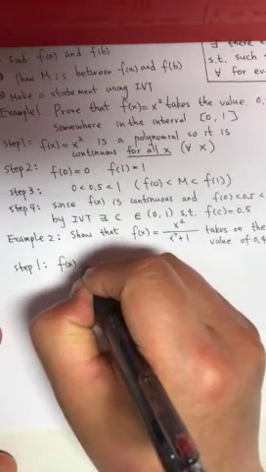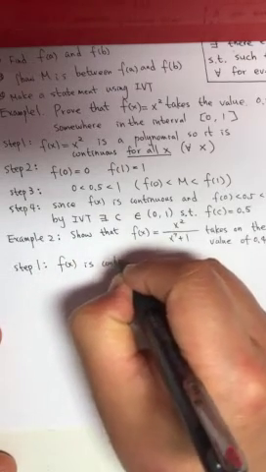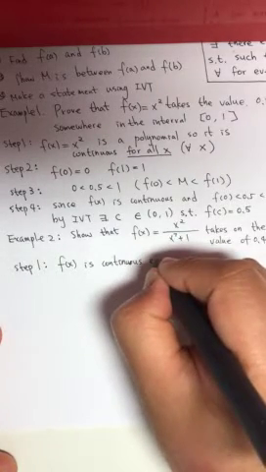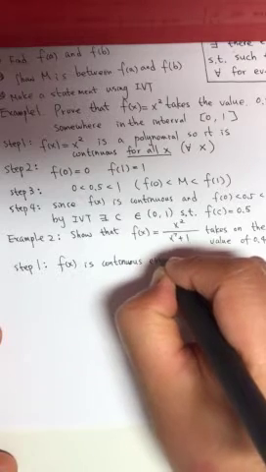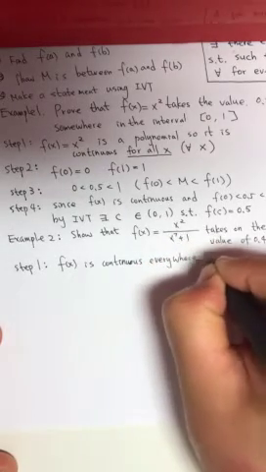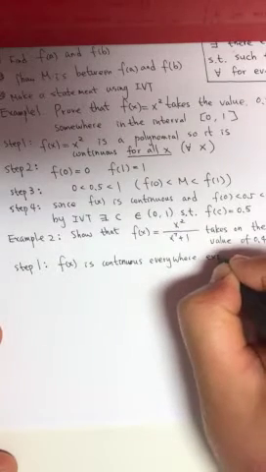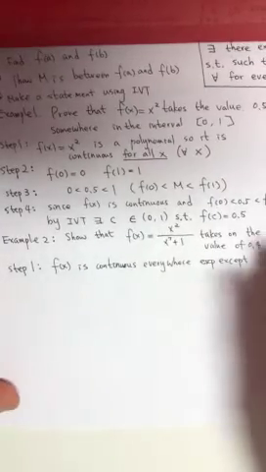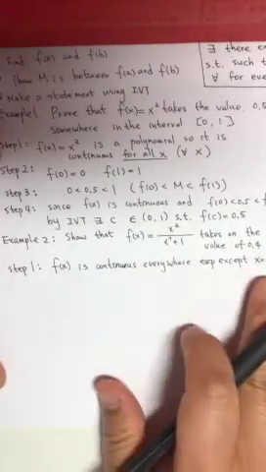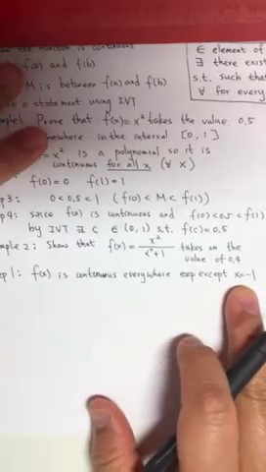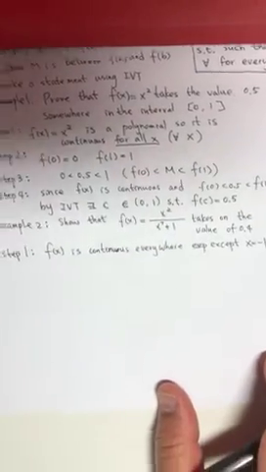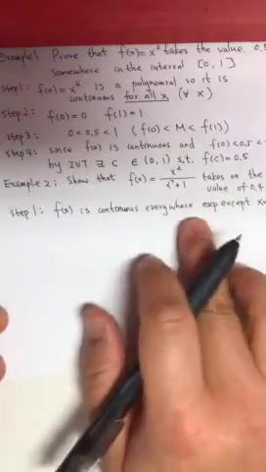So we can say that f of x is continuous anywhere except that x cannot equal -1. If x equals -1, -1 to the 7th power plus 1 will make the denominator equal to 0. So that's the only place that the function is not continuous.